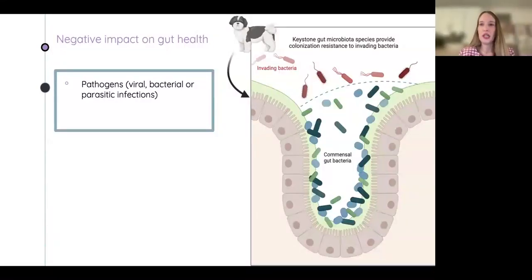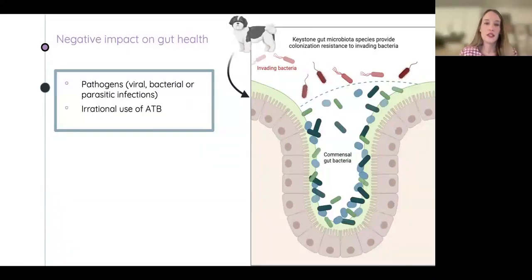Especially with really disruptive viral infections, for example parvovirosis, when it happens, it causes a lot of damage. We know it's a life-threatening disease, but also later in life we can see a lot of chronic problems in those dogs. The same applies to severe parasitic infections quite early in life.